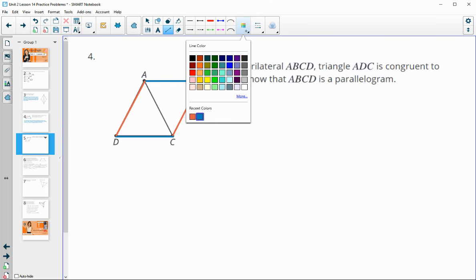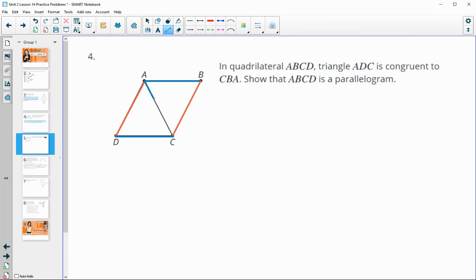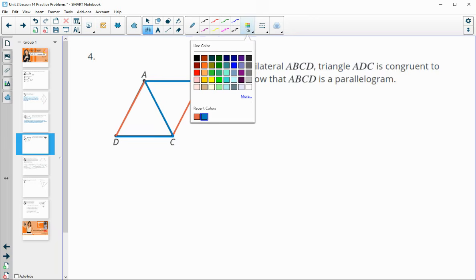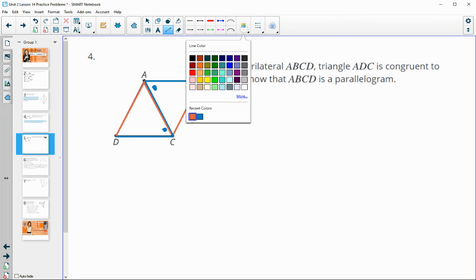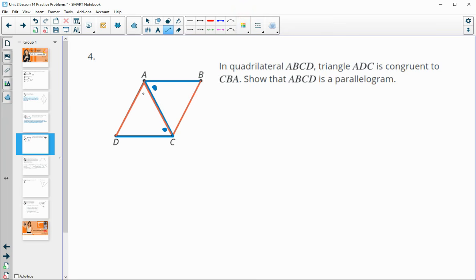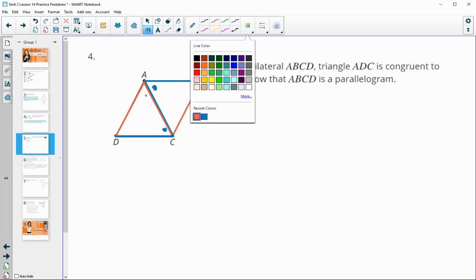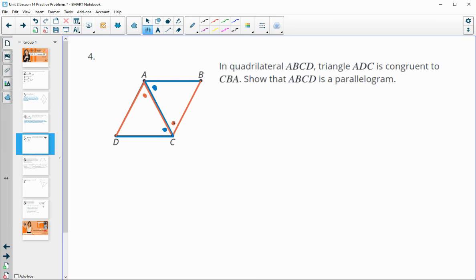And in this case, since we've got a diagonal through the center here, we're going to be looking at alternate interior angles. So we're going to see alternate interior angles there that we need to prove are congruent for the blue lines. And then if we look at this orange set, then we're looking at proving that this angle is congruent to this angle.